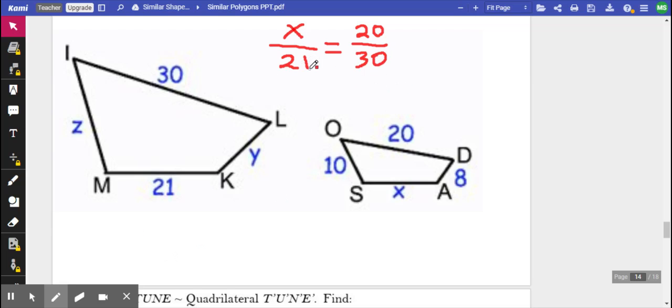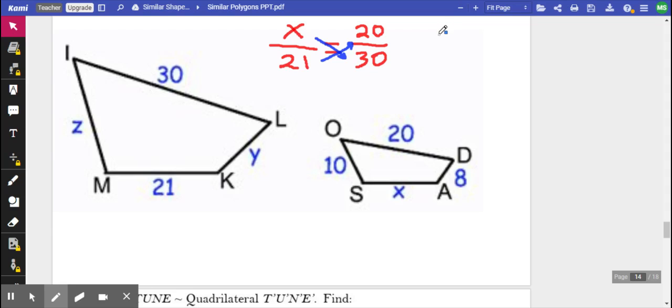Now, when you have a proportion like this, there's a couple of ways you could solve a proportion in general. One of those ways is to cross multiply, where you would do 21 times 20 and then 30 times x. So it would be x times 30, 21 times 20.